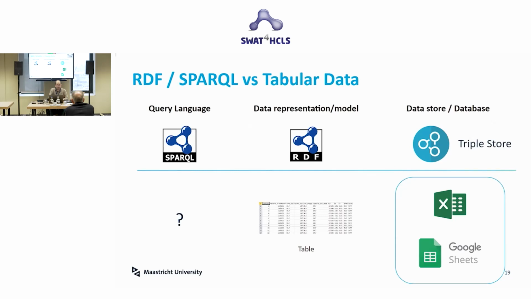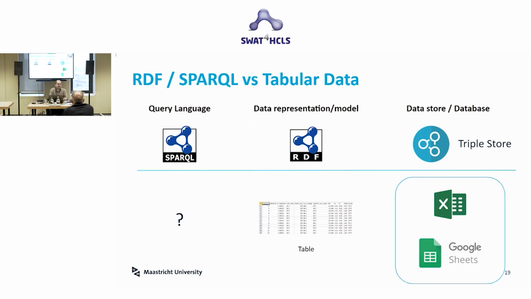And if we want to compare that with tabular data, the data representation and the data model are the table. The data store is whatever software or place you put them, like Google Sheets or Microsoft Excel. For the query language, there is no actual query language to ask a question directly on the CSV or the tabular data, but you need to use the software.